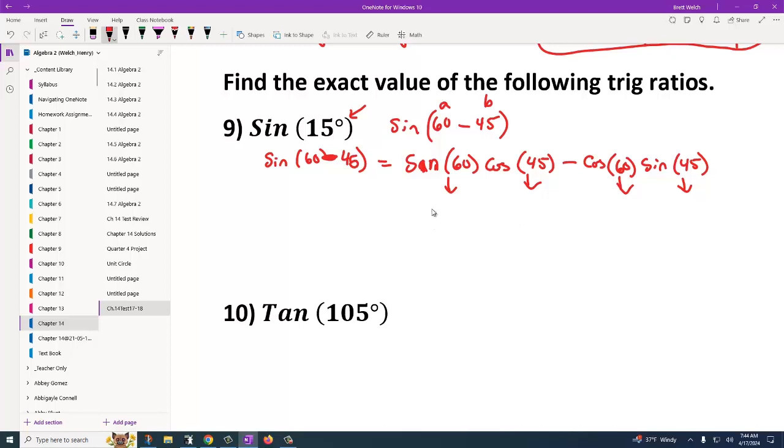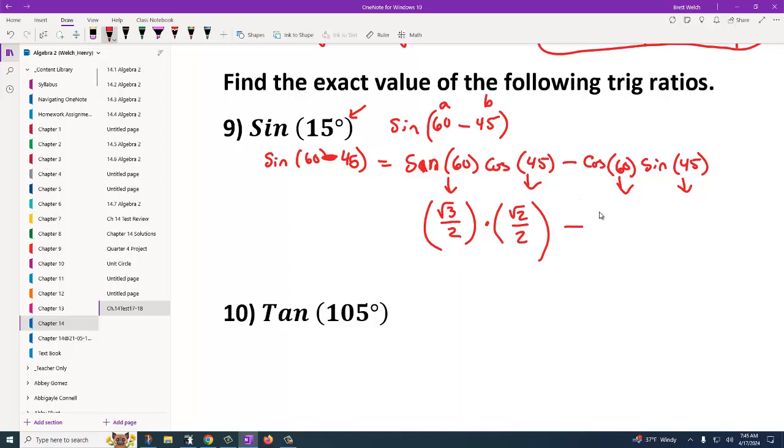What is the sine at 60 degrees? It should be root 3 over 2. If I'm reading that wrong, you let me know. Times, what is the cosine at 45 degrees? Root 2 over 2.